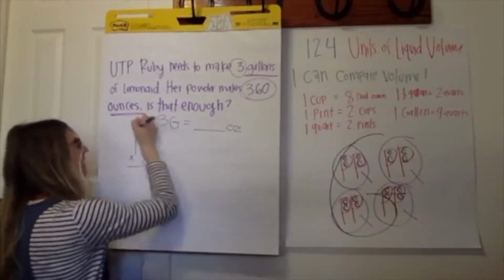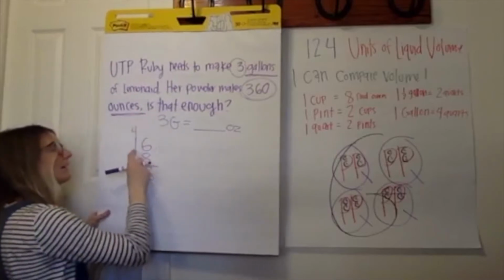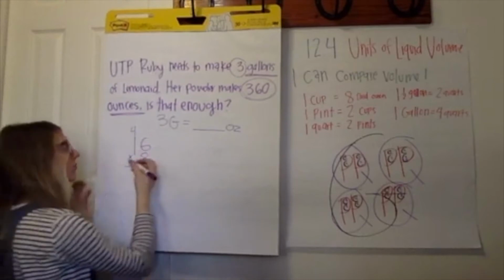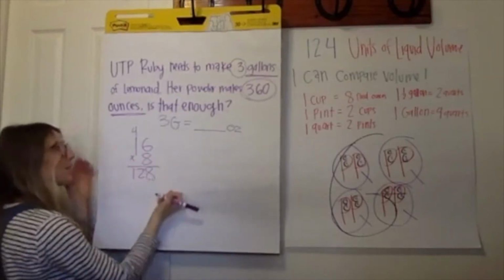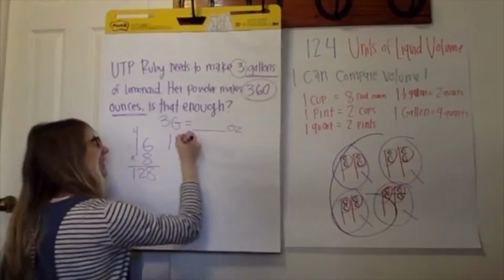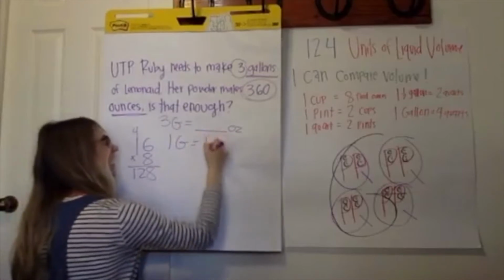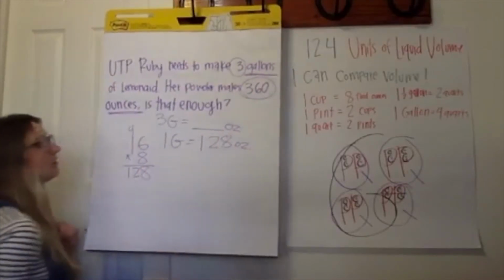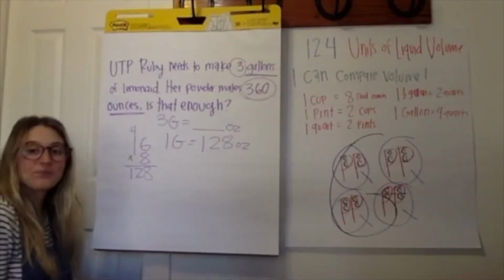Put our 8 down there, carry the 4. 8 times 1 is 8 plus 4 is 12. So we know that 1 gallon equals 128 ounces, okay?